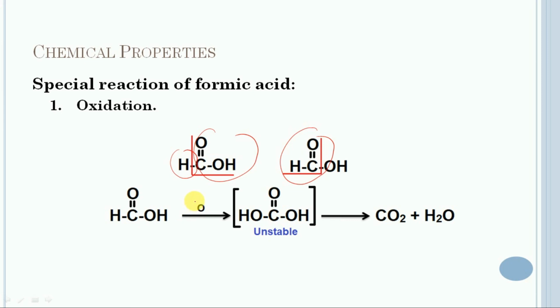Therefore, it undergoes certain reactions which are not given by other carboxylic acids, and the first reaction is oxidation. Unlike other acids, formic acid, like formaldehyde, is readily oxidized to carbon dioxide and water in the presence of an oxidizing agent.